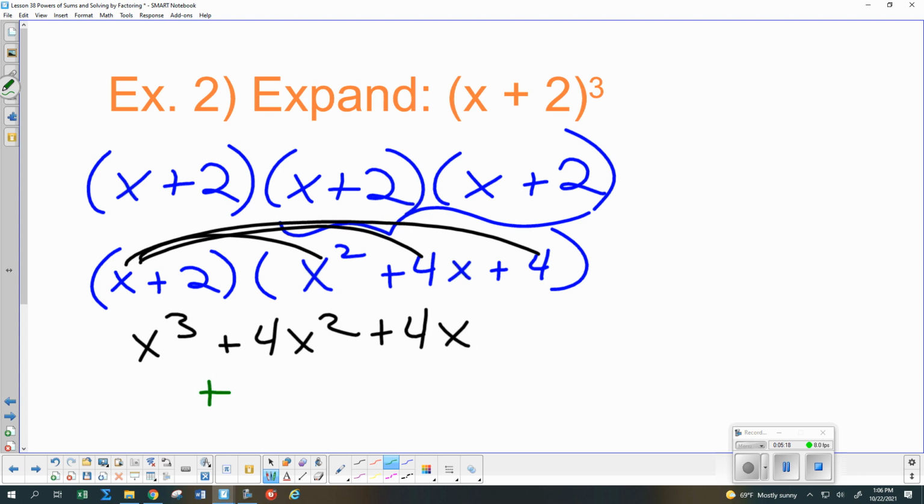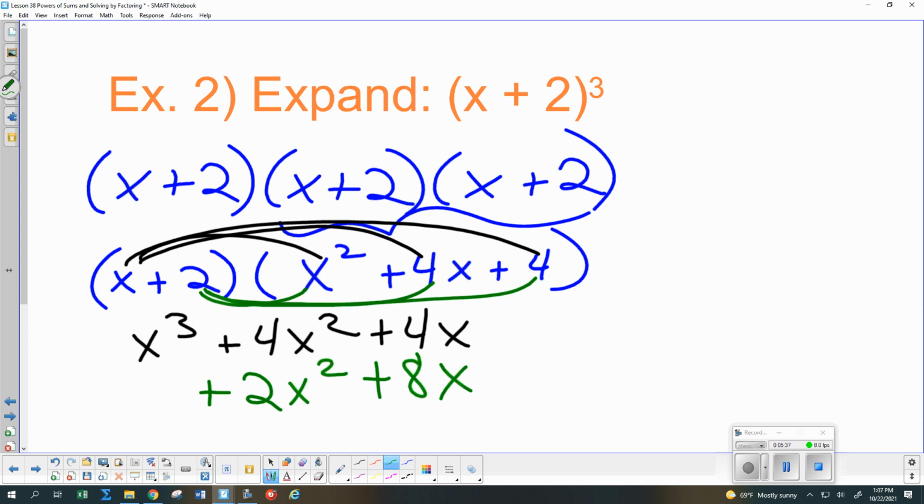So far, so good? That's x times everything. I'm supposed to take x plus 2 times everything. And I haven't done the 2 yet, so I have to keep going. So I need to now take the 2 times the x squared, so I have plus 2x squared. The 2 times the 4x, so I have plus 8x. And the 2 times the 4, so I have plus 8. Does that look right to everybody?